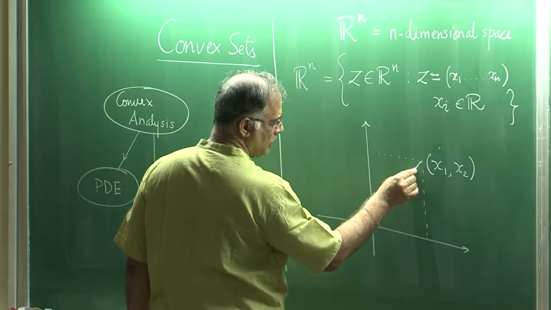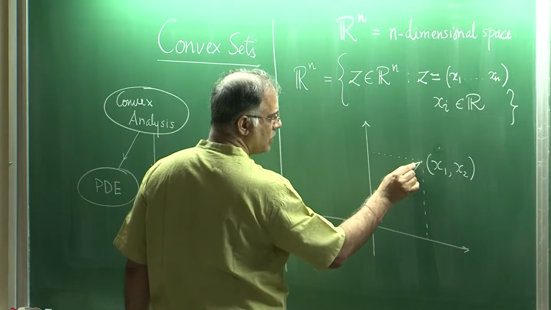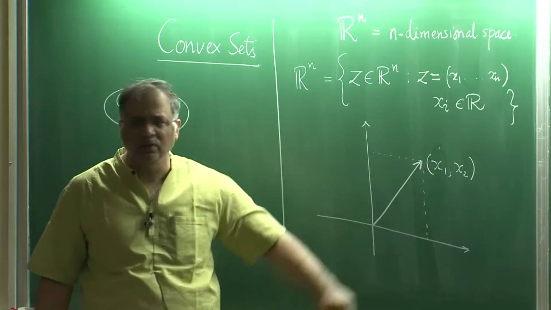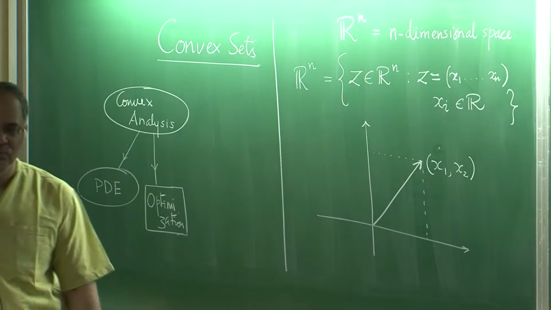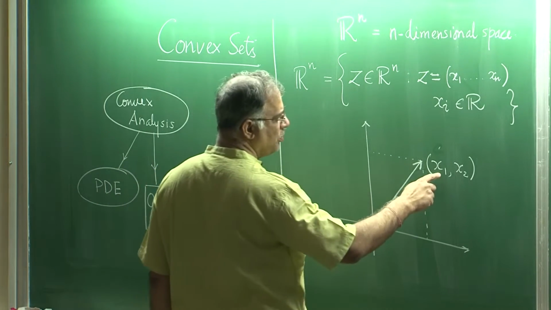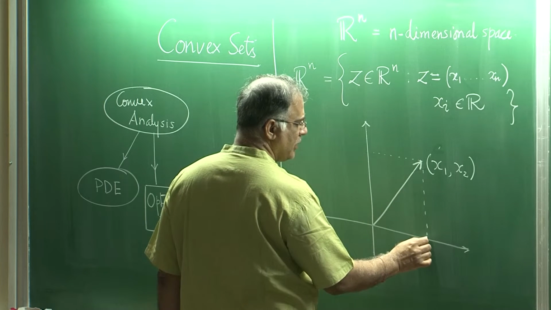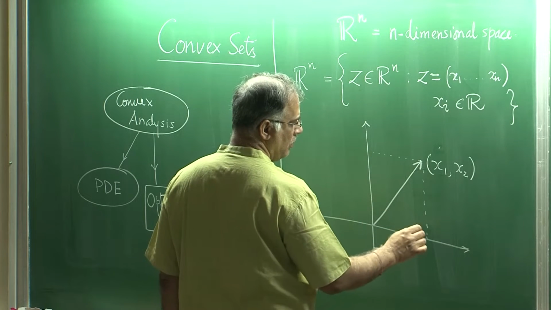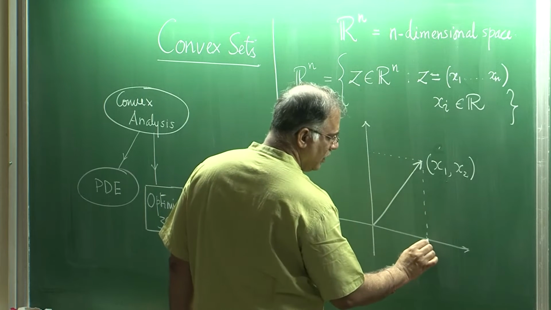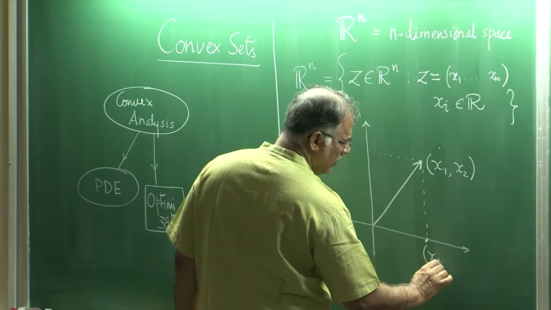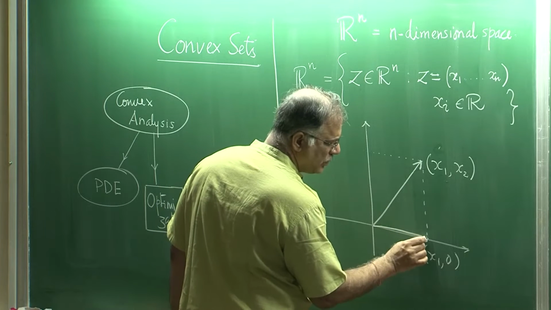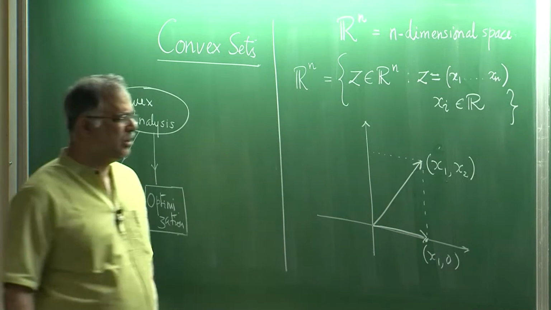So, here this is the vector which denotes this point x1, x2. If I make x1 to be 0 and keep x2, or make x2 to be 0 and keep x1 the same, then this will represent this point, and that will be the vector which represents that point.